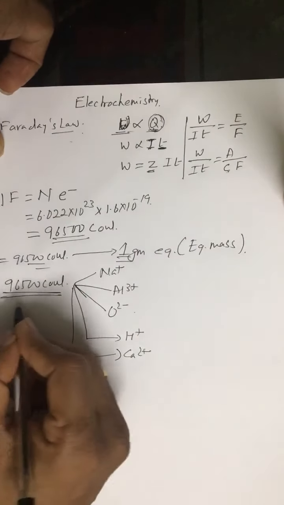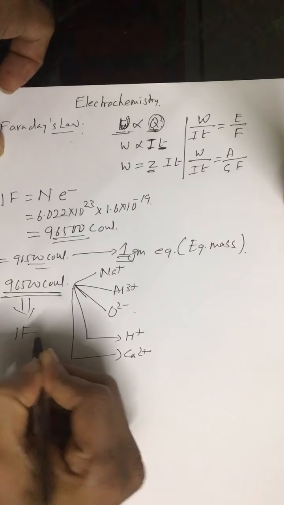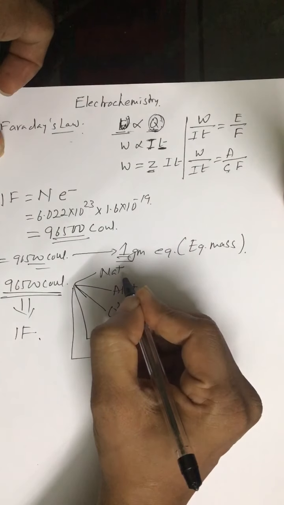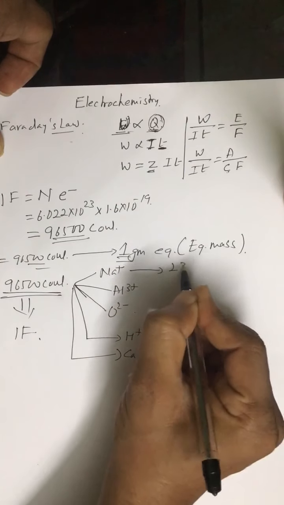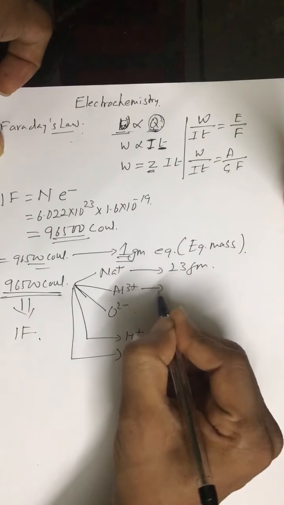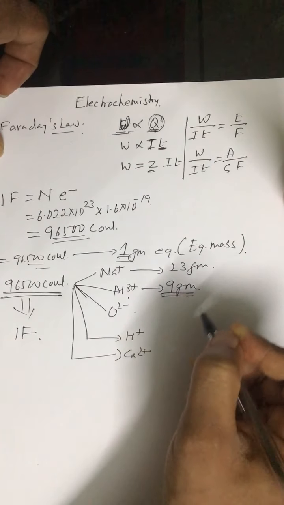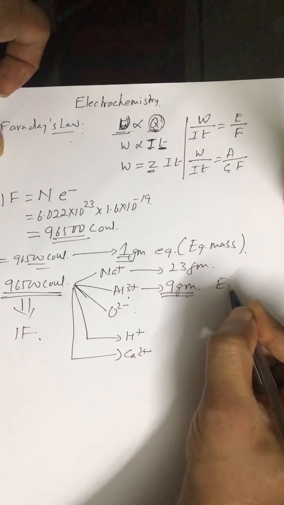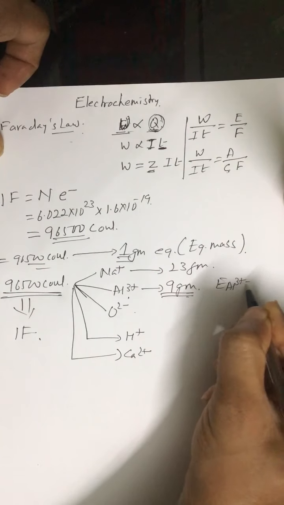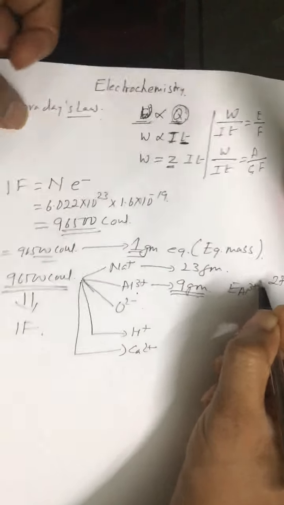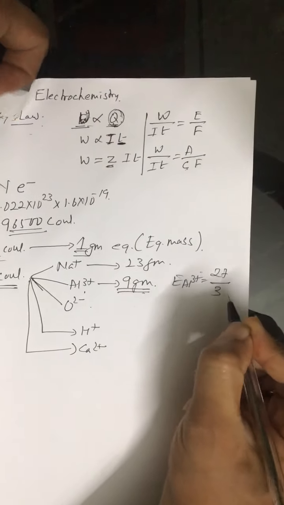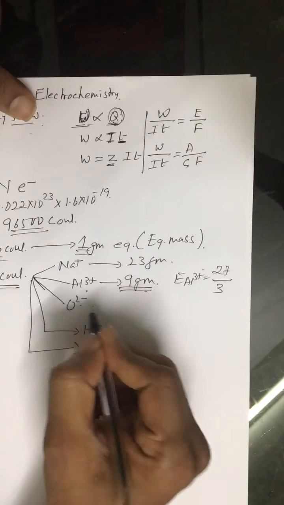This 96,500 coulomb, which is equal to 1 Faraday, can deposit or displace 23 grams of sodium, 9 grams of aluminium, that is the equivalent mass of aluminium. How is equivalent mass calculated? Equivalent mass of aluminium is given by atomic mass divided by its charge.